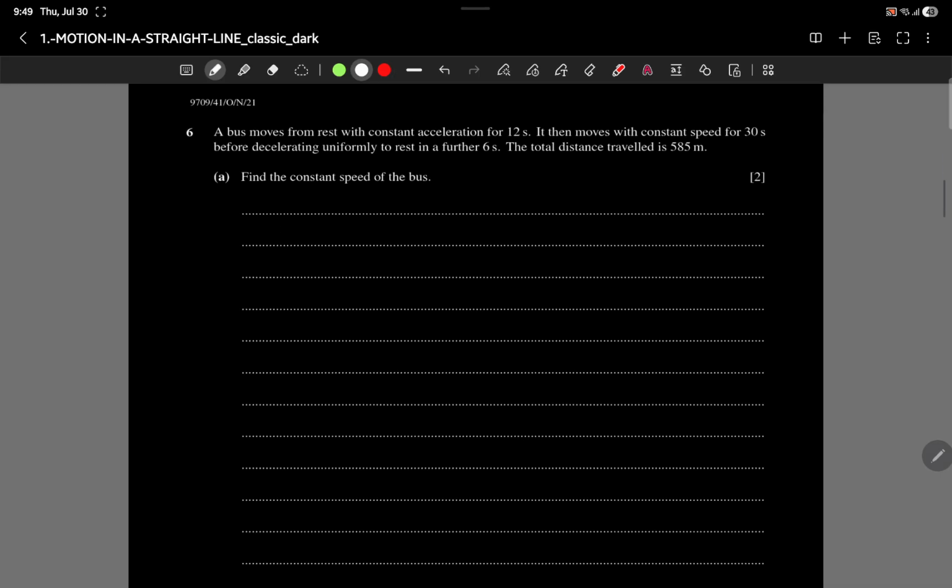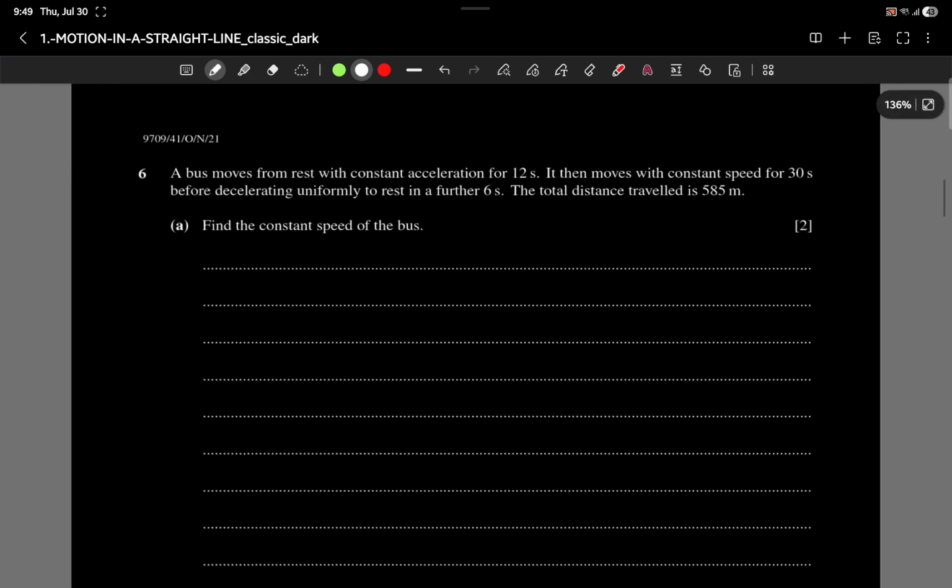Question number 6. A bus moves from rest with constant acceleration for 12 seconds, then moves with a constant speed for 30 seconds before decelerating uniformly to rest in a further 6 seconds. The total distance traveled is 585 meters. Find the constant speed of the bus.